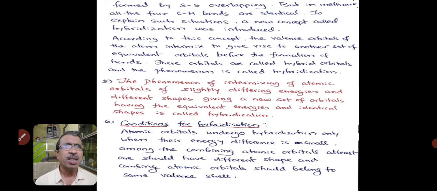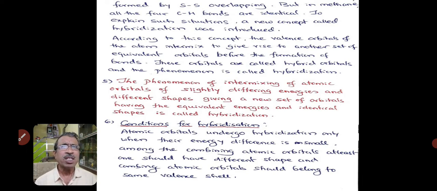As a result, in methane, one bond should be shorter because of ss overlapping and 3 bonds should be longer because of sp overlapping. But experimental results show that in methane, all the 4 C-H bonds are identical with the same bond length.